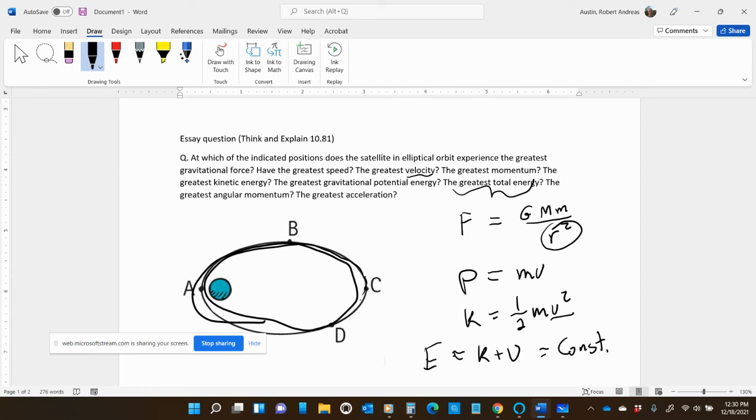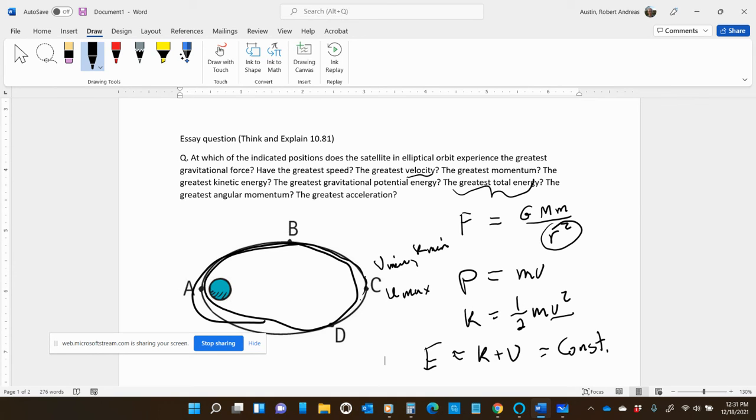It stands to reason that as you move further out from the sun, the planet loses velocity. Its minimum velocity is at C. So the kinetic energy is a minimum there. But if kinetic energy plus potential energy is constant, then potential energy must be a maximum at C.